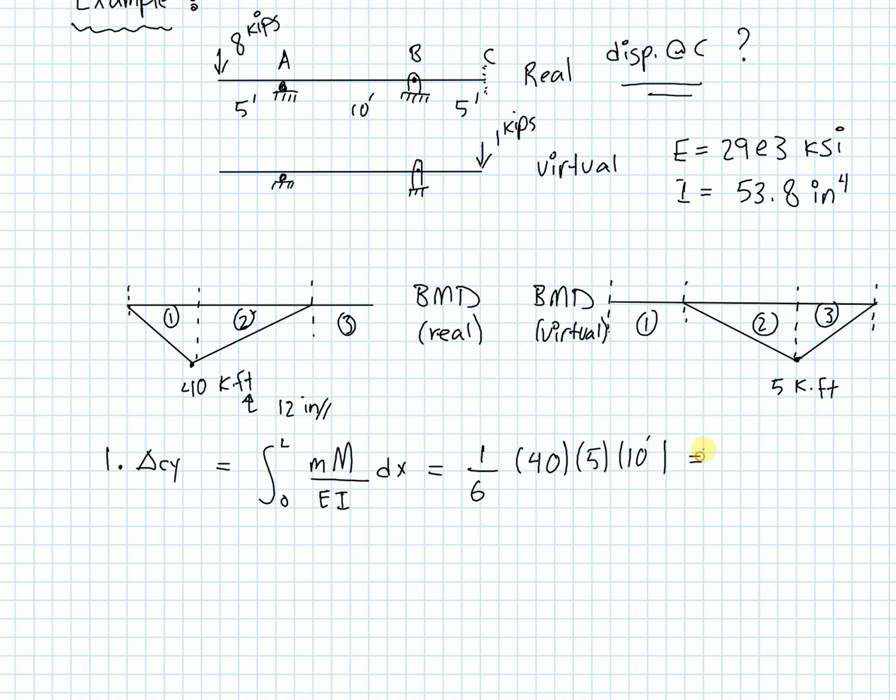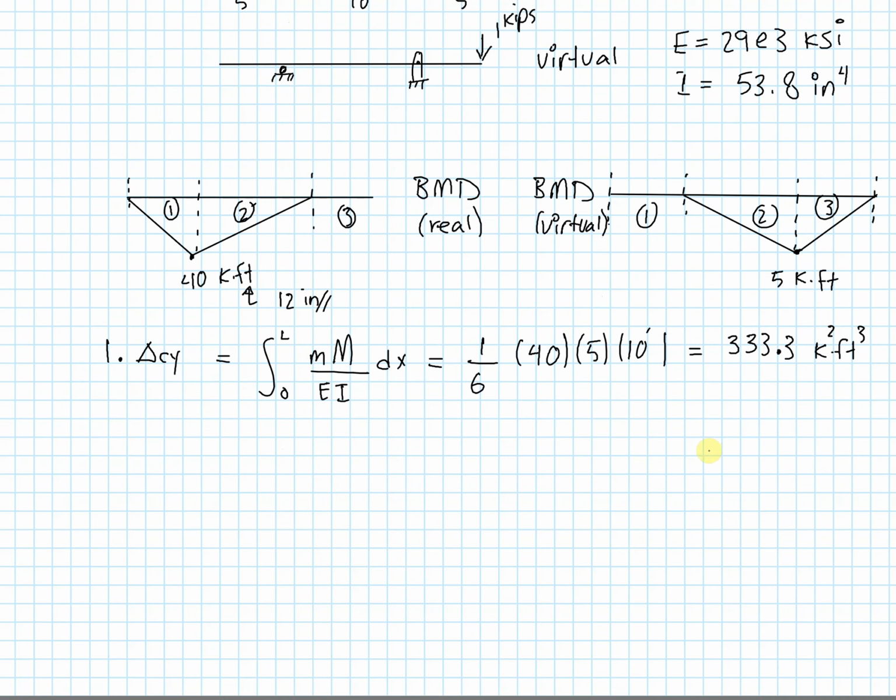When I solve that, I will have 333.3 kips squared feet cubed. It's very important to keep the units consistent. Make sure nothing is left out, because if something's left out, you probably have made a huge mistake and your calculations won't be correct.